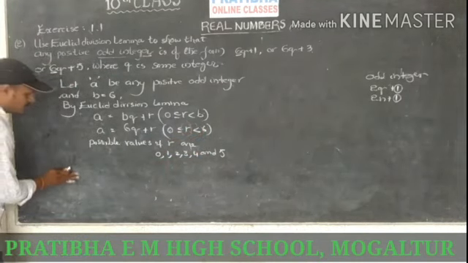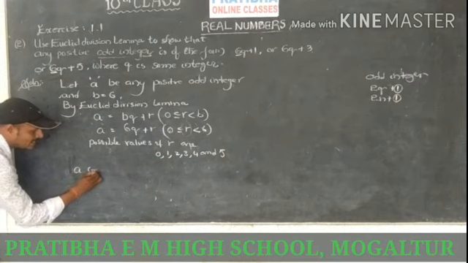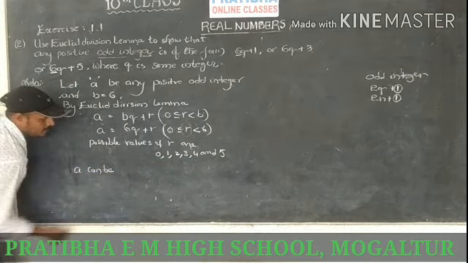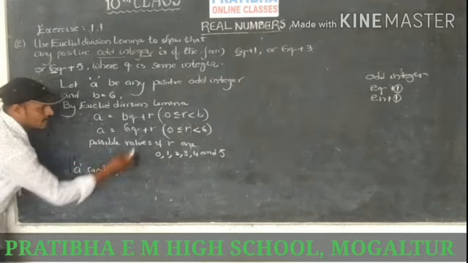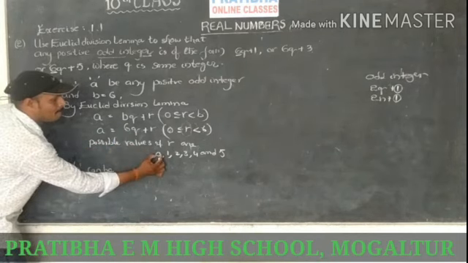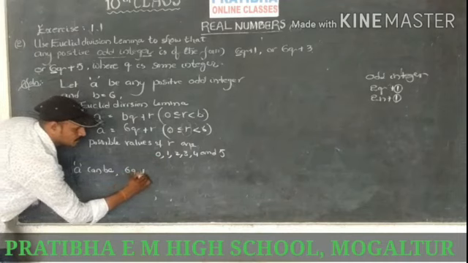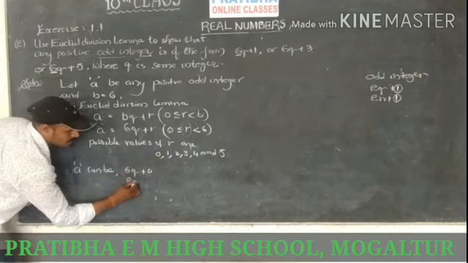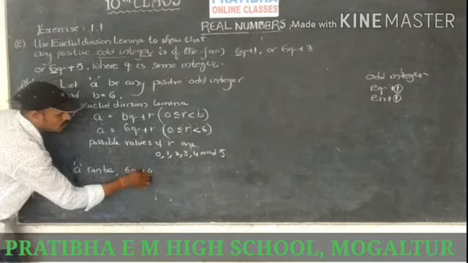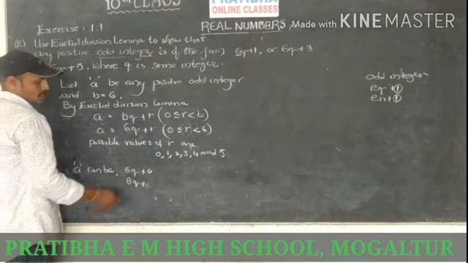That means a can be written as 6q plus 0 or 6q plus 1. If the remainder is 0, we write 6q plus 0.